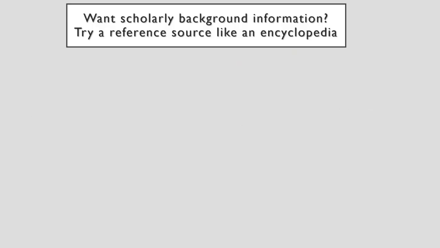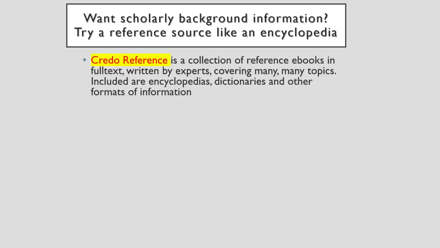If you want scholarly background information, as I've said, I'm repeating myself, try a reference source. Credo Reference is a great source for you to use. It's a collection of reference ebooks in full text written by experts covering many different topics.